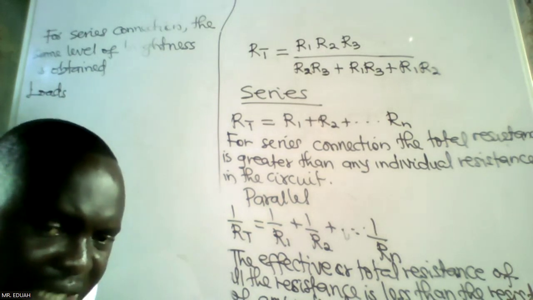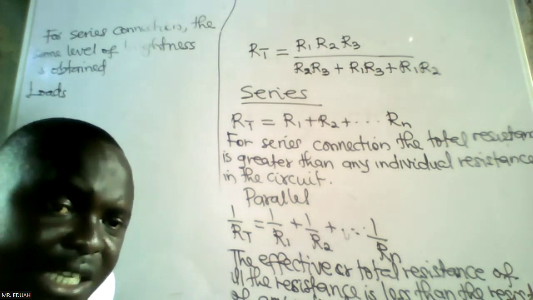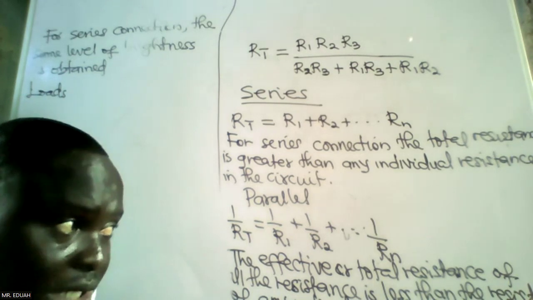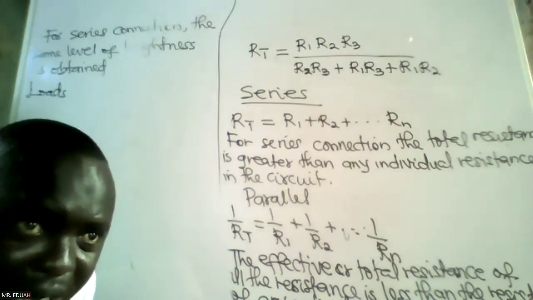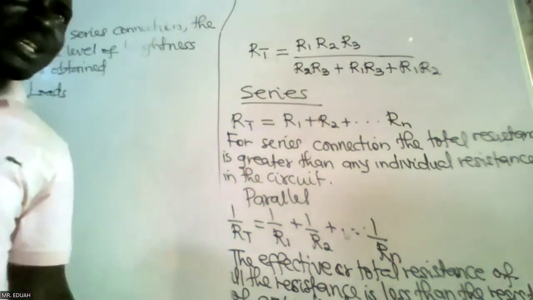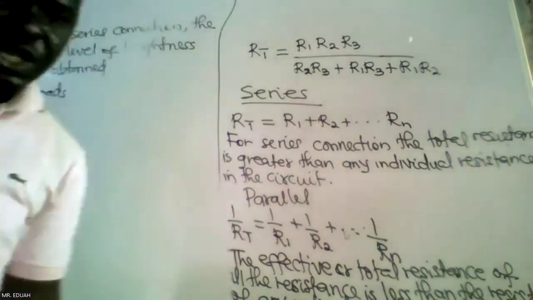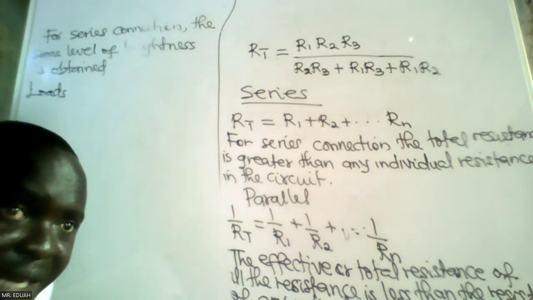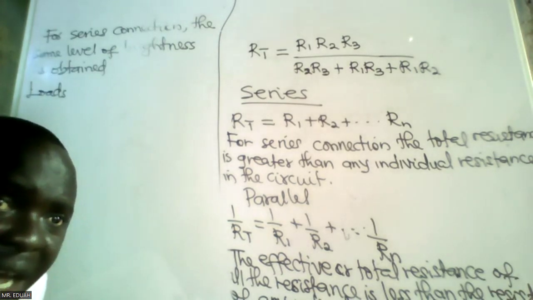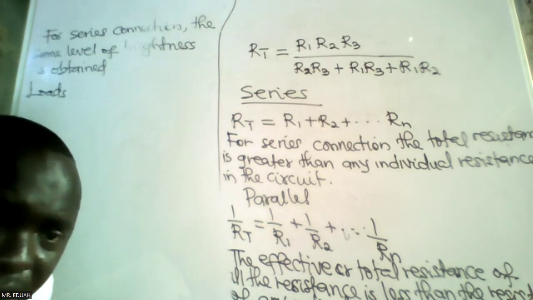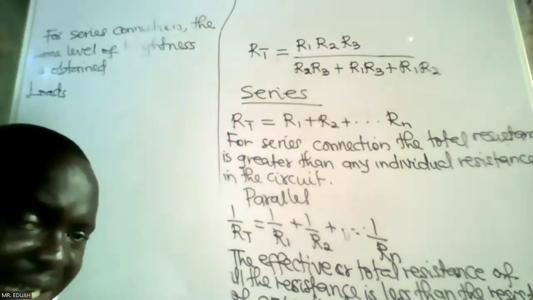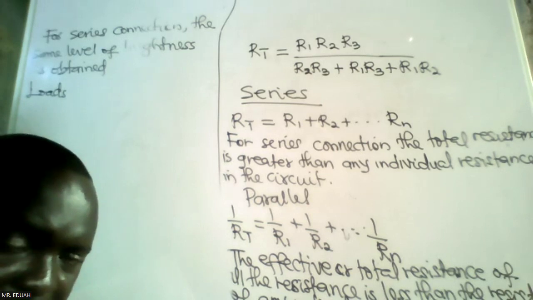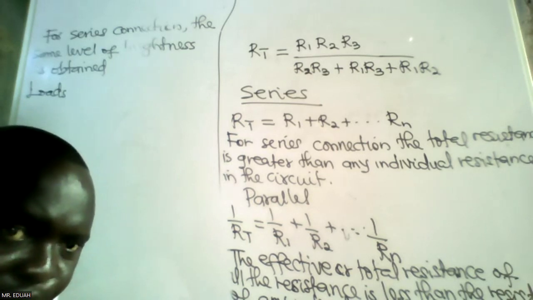By connecting them in series, you are giving them the same current. So some will be able to work depending on the magnitude of current they require. Others will not, because an iron or heater will require a larger value of current. So when you give them the same, it will not be able to operate them.